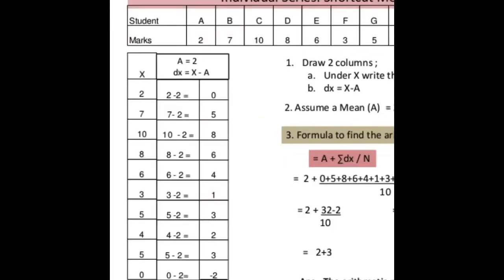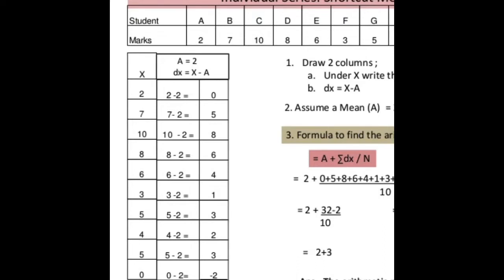Out of all the values of x, we assume any one value to be the mean. This is known as assumed mean, which is represented by A. In order to calculate dx or deviation from x, we deduct assumed mean from individual values of x.